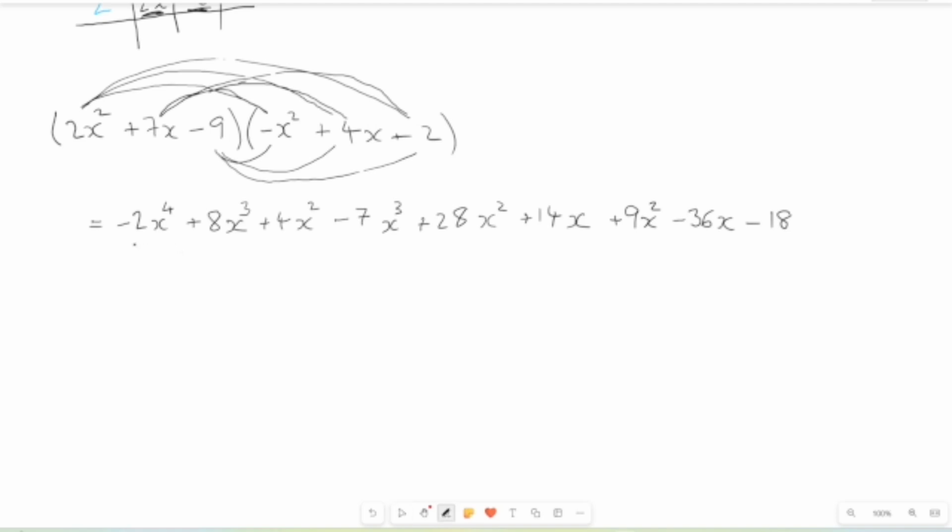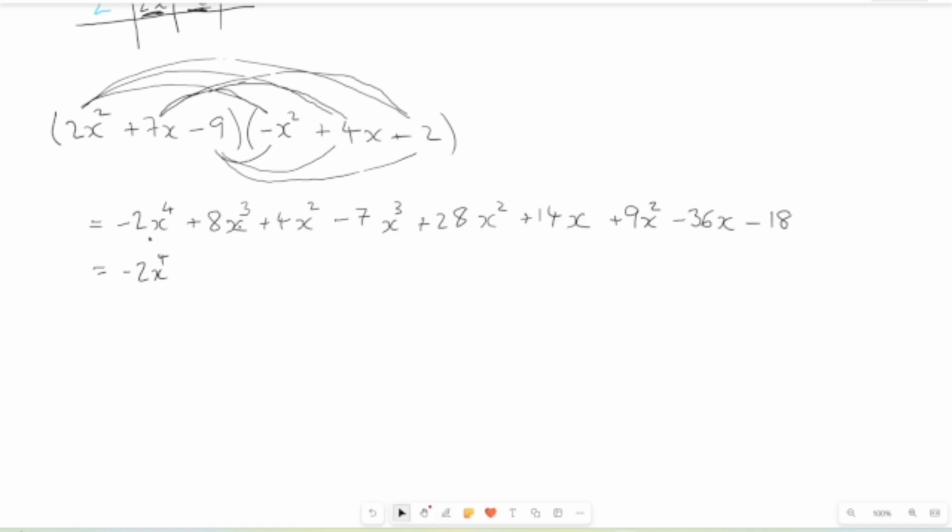There's only one term with x to the power of 4, so we have to leave that as it is. Minus 2x to the power of 4. Now I like to put a little dot under these when I've dealt with them and moved them into this new line, to make sure I don't forget any or miss any. So minus 2x to the fourth is done. I'll put a dot under it.